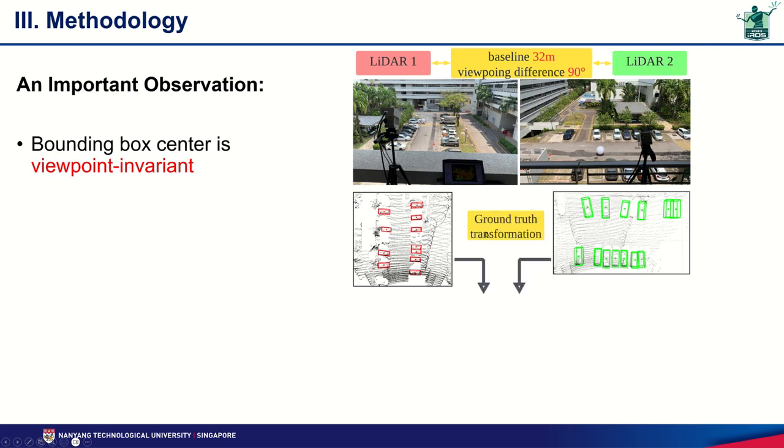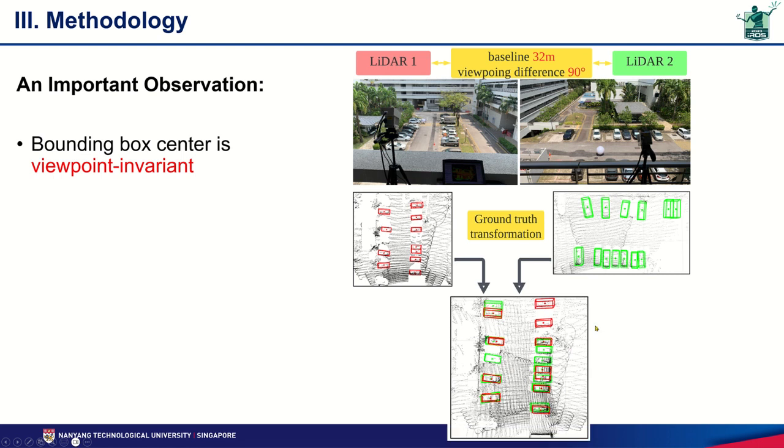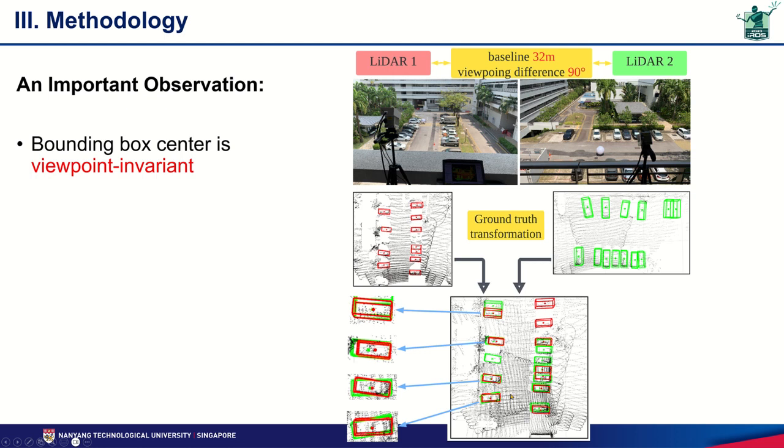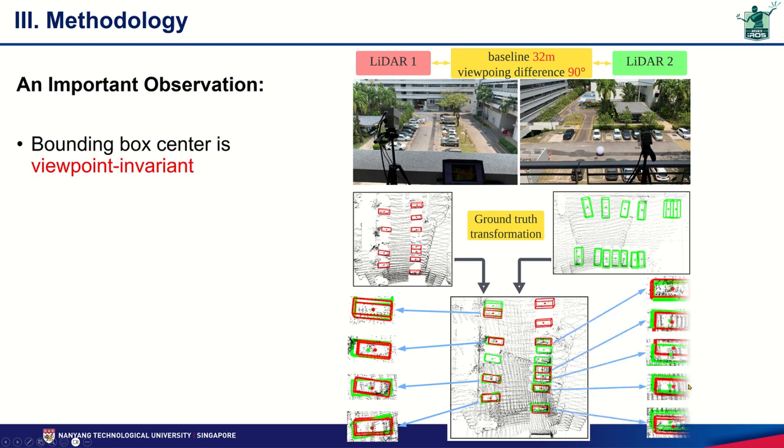And we use the ground truth transformation matrix to transform them together. Then, by zooming in on this bounding box, we can see that the red and the green bounding box centers are very close to each other. So we can conclude that the bounding box center is a viewpoint invariant feature, even though these two LiDARs have a baseline of 32 meters and viewpoint difference of 90 degrees.